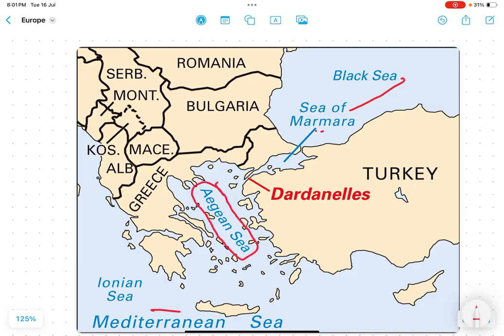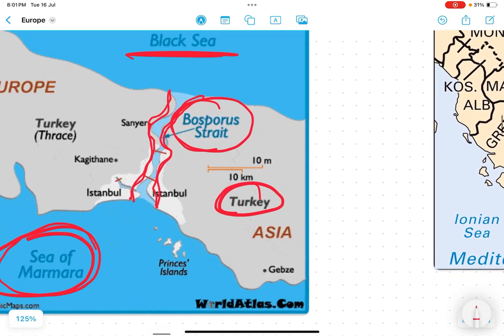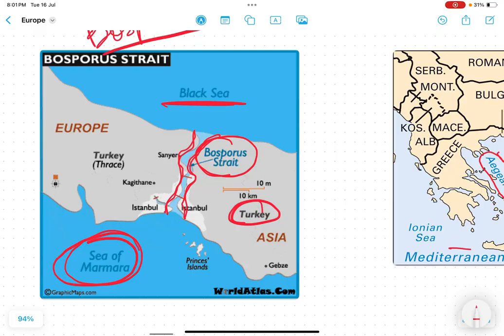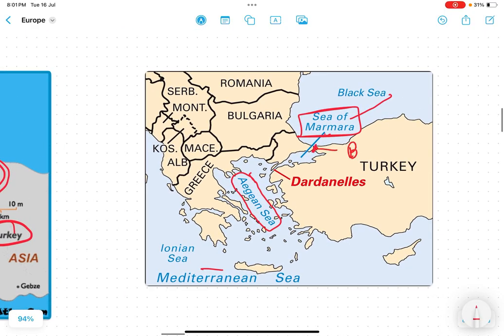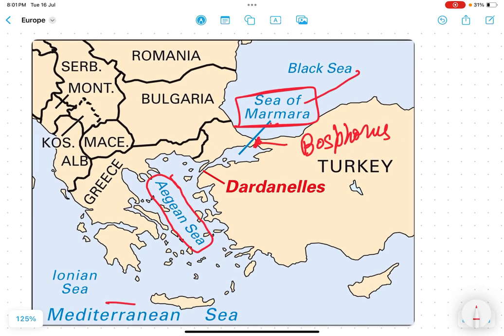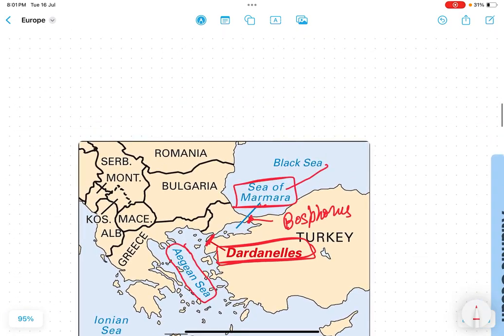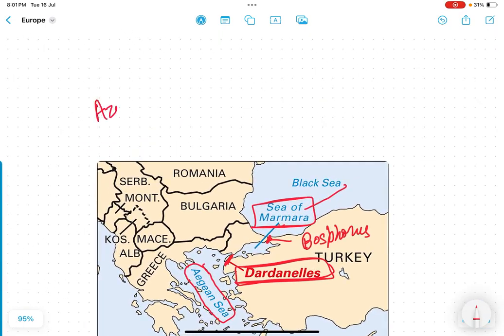From the Black Sea to the Sea of Marmara is the Bosphorus Strait, and from the Sea of Marmara to the Aegean, this region is the Dardanelles Strait.